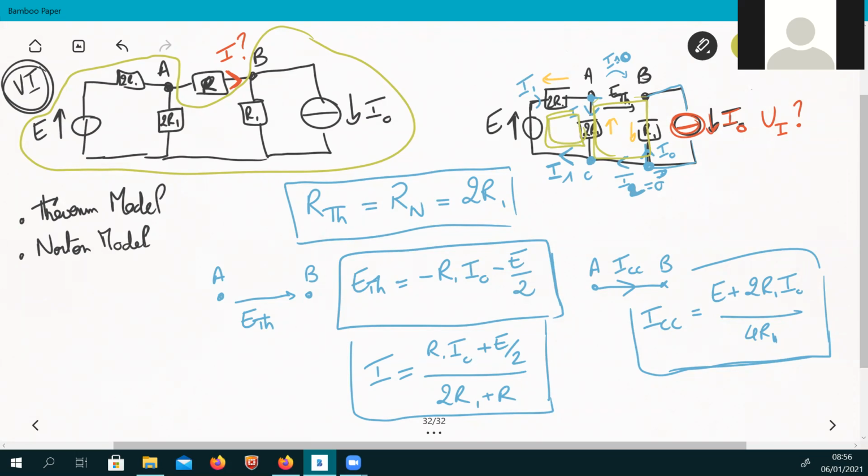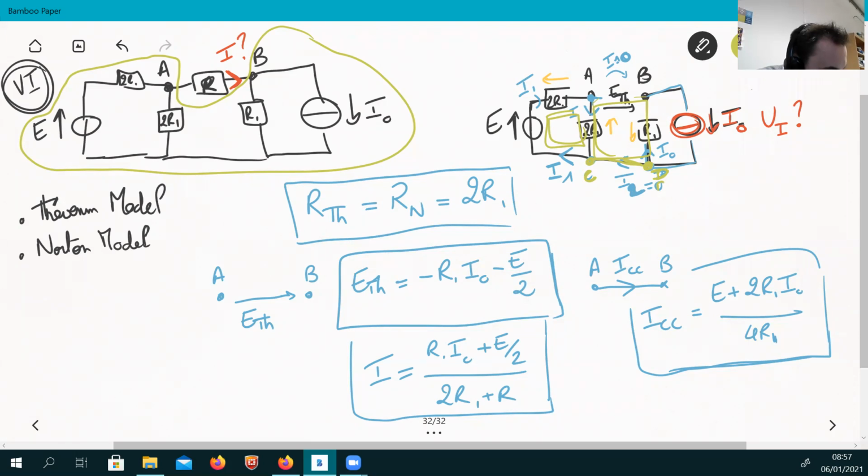Why is I2 equal to 0? Well, in fact, as I said, the point C here equals the point D here. So in fact, in this wire, it's like it's not really existing.